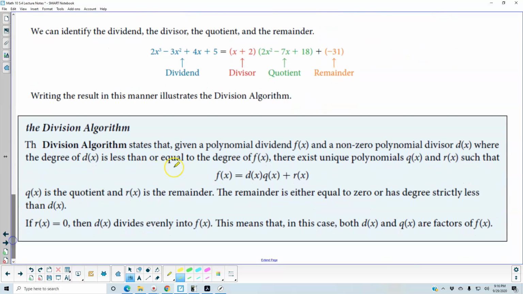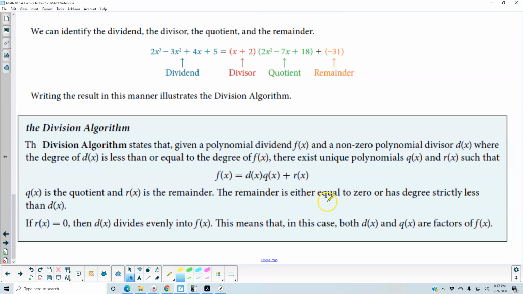The division algorithm states that given a polynomial dividend f of x and a non-zero polynomial divisor d of x, where the degree of d of x is less than or equal to the degree of f of x, there exist unique polynomials q of x and r of x such that f of x is going to equal d of x times q of x plus r of x, which is what we see up here, where q of x represents the quotient and r of x represents the remainder.